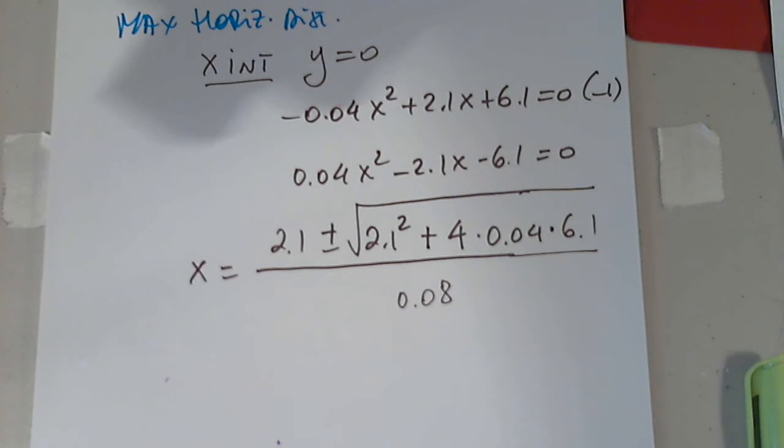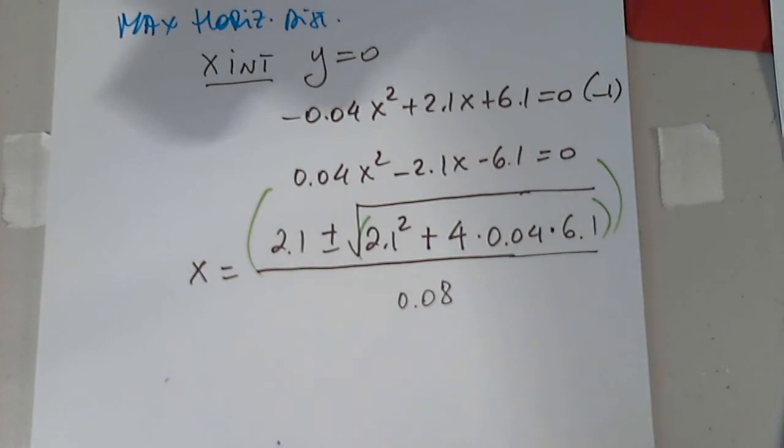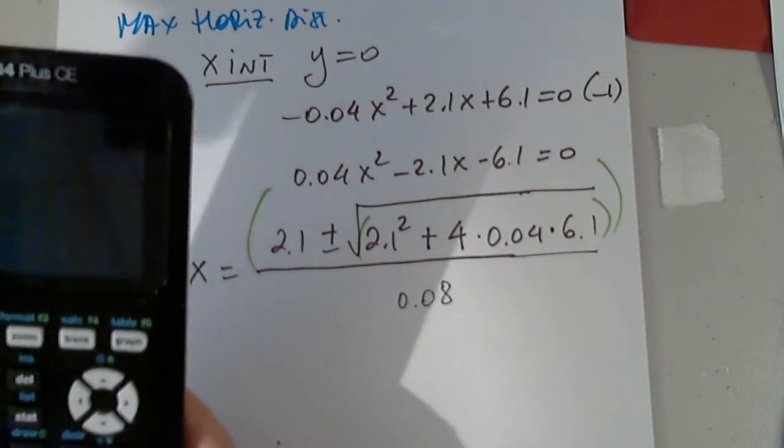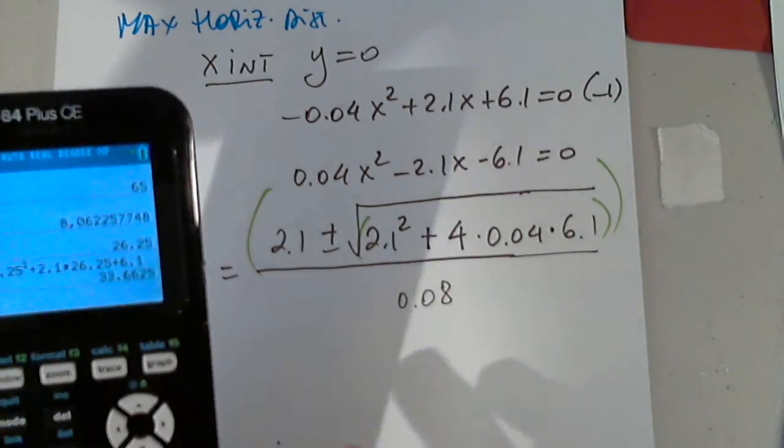Be very careful how you put this in the graphing calculator, because obviously we need parentheses around the top and parentheses inside, depending on your calculator. So left parenthesis 2.1 plus the square root.